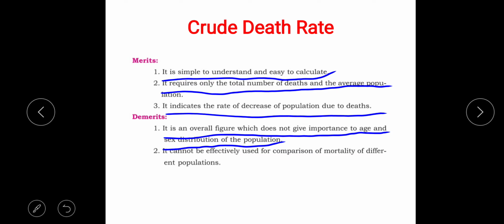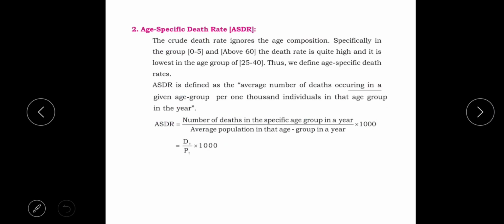And second, it cannot be effectively used for comparison of mortality of different populations. So this CDR cannot be used to compare with other locations. We can only tell the CDR, or decrease of population, of a particular location, but we cannot compare with other locations.